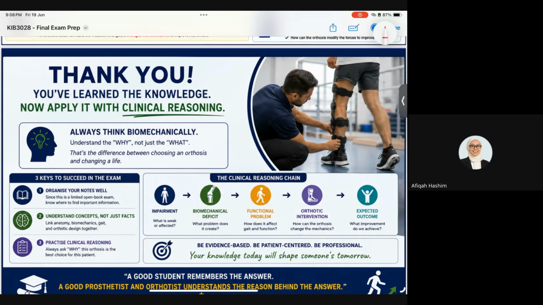We learned about anatomy, physiology, biomechanics, gait analysis, orthotic design, fabrication, evidence-based practice, professional ethics. Before, we may see these as separate topics, but in clinical practice they are actually connected, and I want you to connect all of these dots in your final exam.